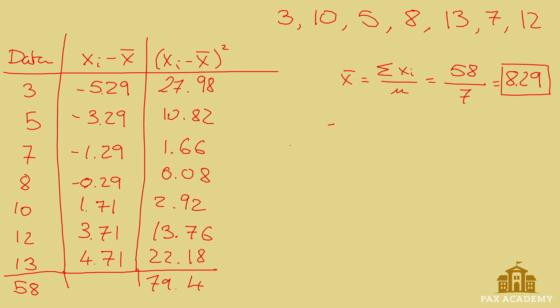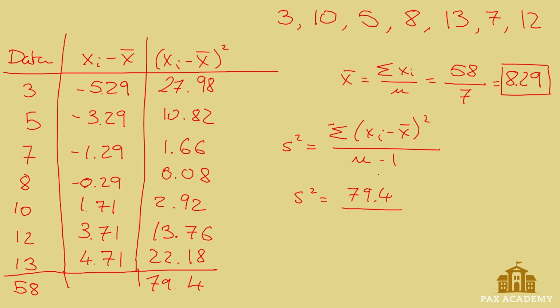Now if we write down the formula for the sample variance, s squared is equal to the sum of xi minus x bar squared over n minus 1. We know that the sum is 79.4, and then we do n minus 1.